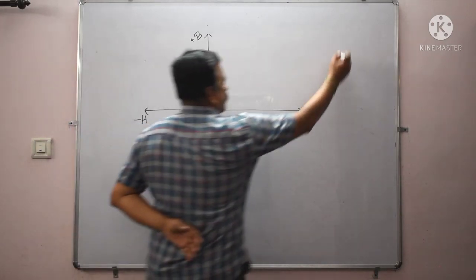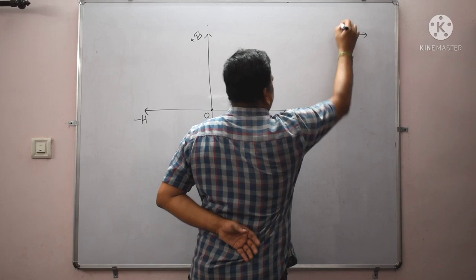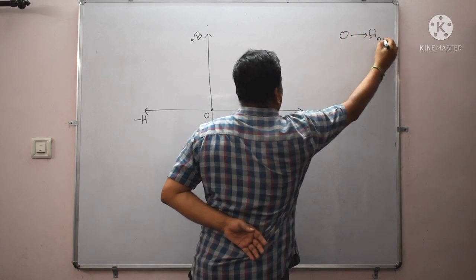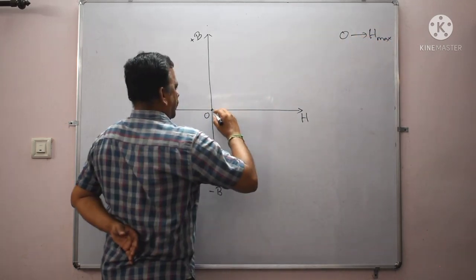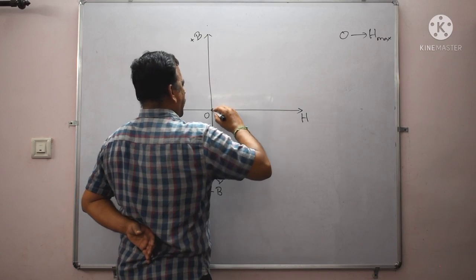So first we will plot the graph for H changing from 0 to H max. The graph between B and H will be non-linear.